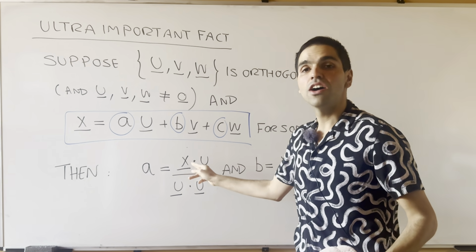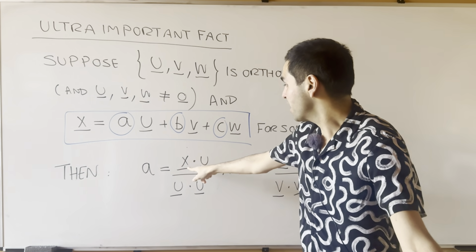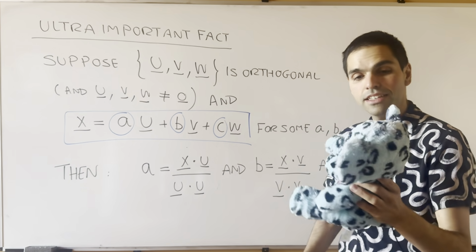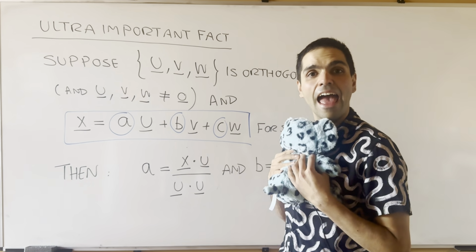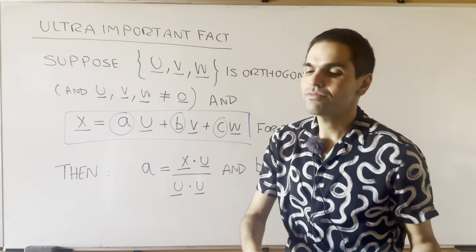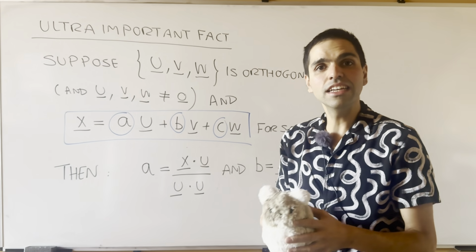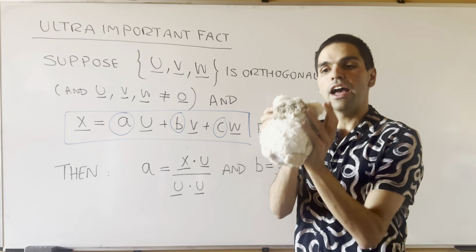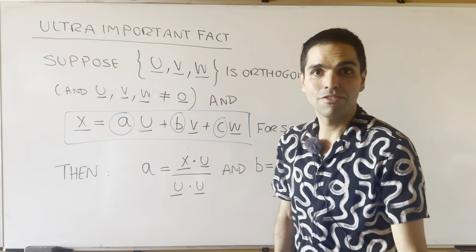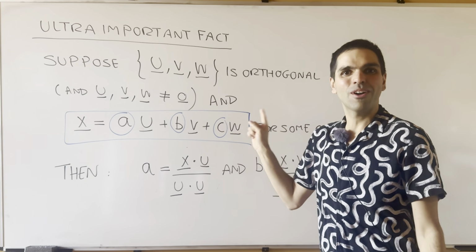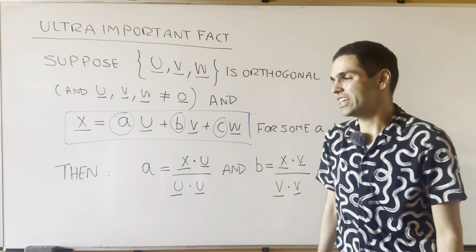So that's what I call the hugging analogy. x hugs u, and then u hugs itself. And then same for v. x hugs v, and then v hugs itself. And last but not least, same for w. So x hugs w, and then w hugs itself. So remember this because we will apply it in a more complicated situation in the next video.